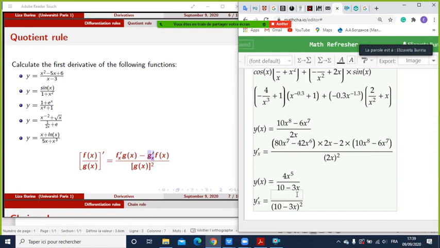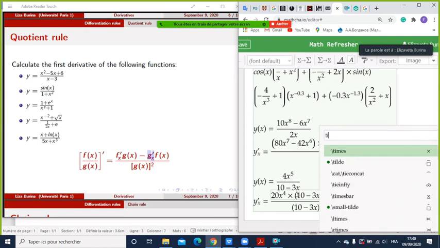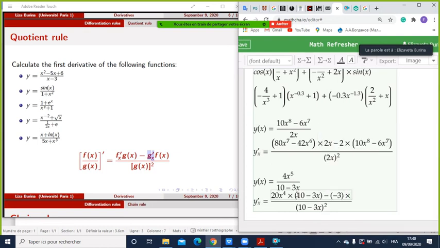Then we take the derivative of the numerator, which is going to be 20x to the power of 4, and then we multiply it, I'm using times, by the denominator, as it is. Then minus, the derivative of the denominator will be minus 3, and we multiply it by the numerator as it is, 4x to the power of 5. Again, simplification can be done whenever we need it. Okay, perfect. So now your turn.